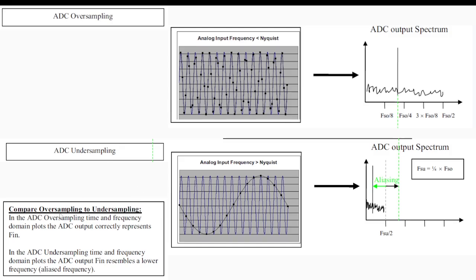So comparing oversampling to undersampling: in ADC oversampling, the time and frequency domain plots of the ADC output correctly represent the input signal, and in undersampling, the time and frequency domain plots of the ADC output resemble a lower frequency. That's what it's showing there. The actual frequency was here, but now we are seeing it here, and that is called the aliased frequency.